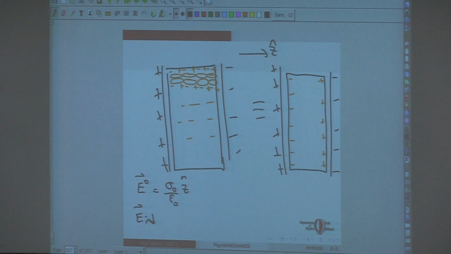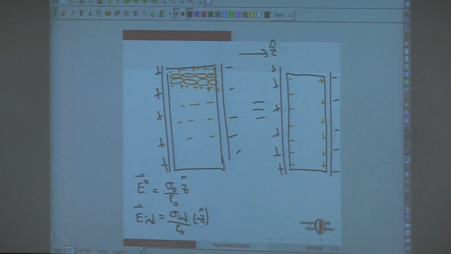They are induced by the external electric field. We can model them very simply by sigma induced divided by epsilon 0, but this time in the minus z direction. So this sigma induced is the effective surface charge of this dielectric.